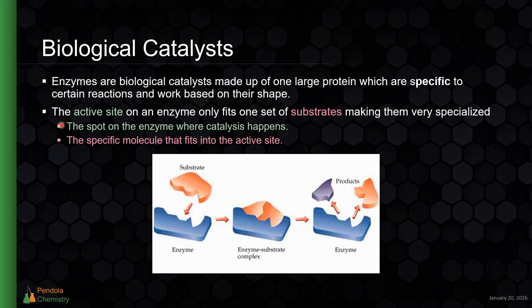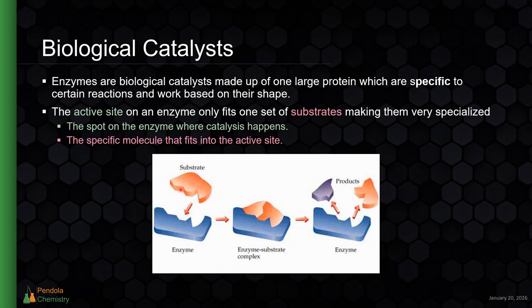So these very large molecules that are proteins, that are enzymes, have a very specific shape. That shape has a particular piece of it where the reactants for the reaction are going to fit. We call that piece the active site. The chemicals that fit into that active site are called the substrates.